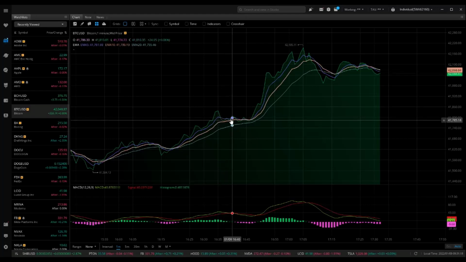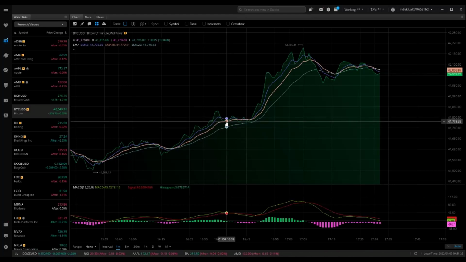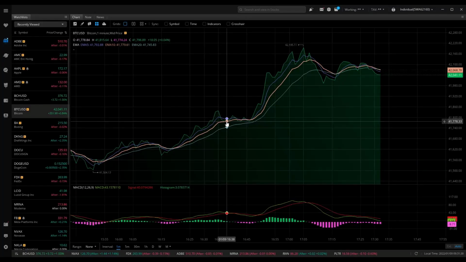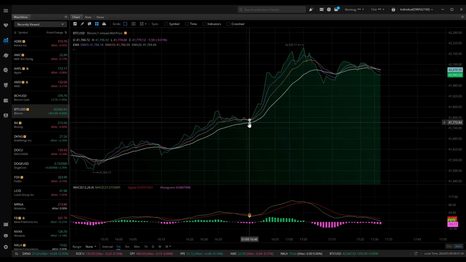Once it touches the second line, utilizing the 3-line strategy, the third line basically lets me know that it has a 50% chance it's going to come down and another 50% chance it's going to go up. So it's a 50-50 at that point. Once it touches the third line as it's coming down, that means it has a 75% chance it's going to keep going down and a 25% chance it may bounce off of it and keep going up.